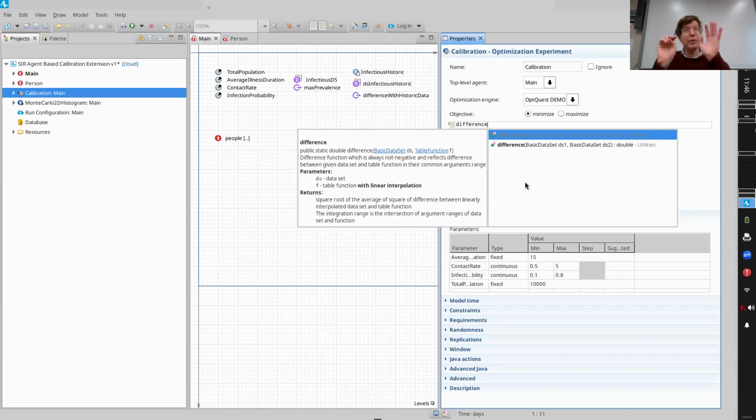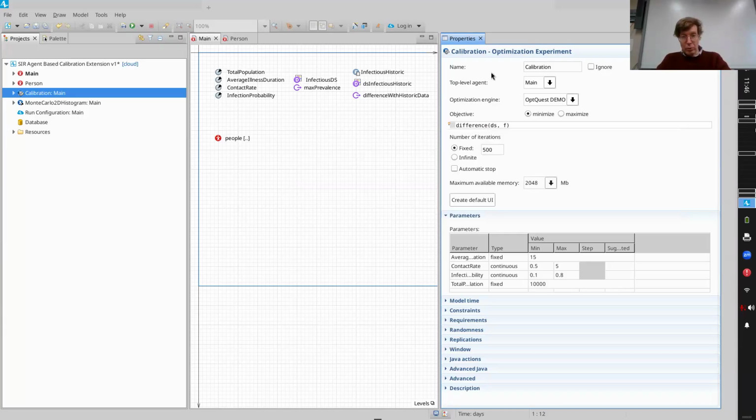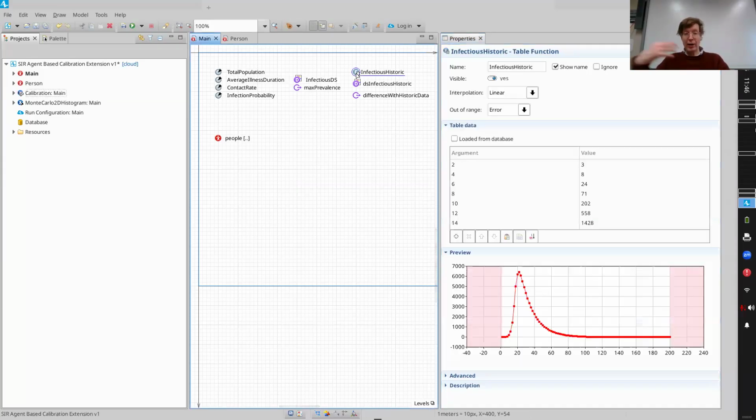This sum of squares of differences. So here we're taking that. I'm going to restore that to this. So again, this is the data from the model. This is the data from the historic. This data we're providing exogenously. We're saying match this, right?